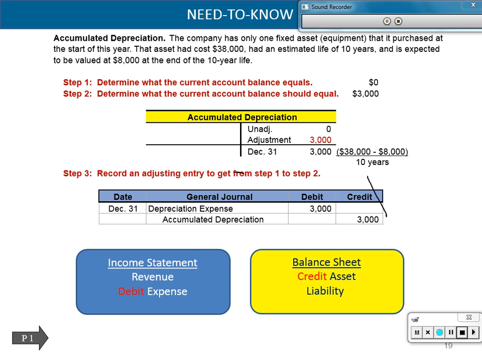That is our way of recognizing that that asset is going to depreciate. So when you do the adjusting entry, you debit depreciation expense, because we know all expenses will always be debited, and we always credit accumulated depreciation.